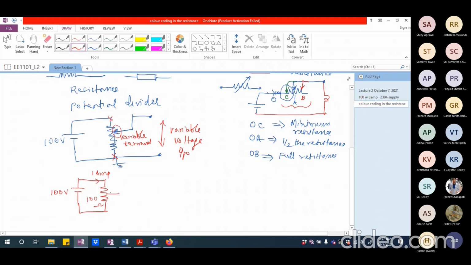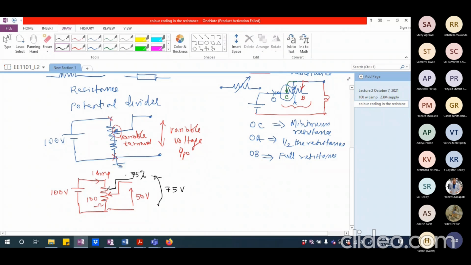If I try to tap the point only from 50% of this resistance, which is 50 ohms, then what I get here will be 50 volts, if the tapping point is at half the distance. If I make this distance go up by another 25%, so let us say it goes to 75%, then the output will be 75 volts.